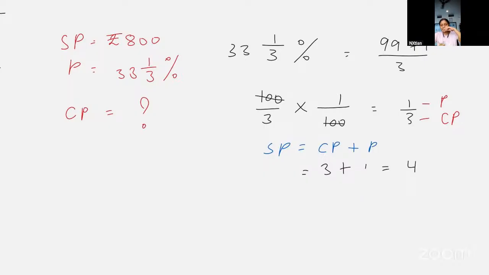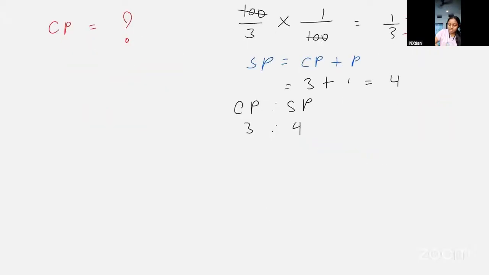Now come to the ratio. The ratio is cost price is to selling price, which is 3 is to 4. Now I'm calculating cost price. So cost price is equal to CP upon SP into SP, original selling price.